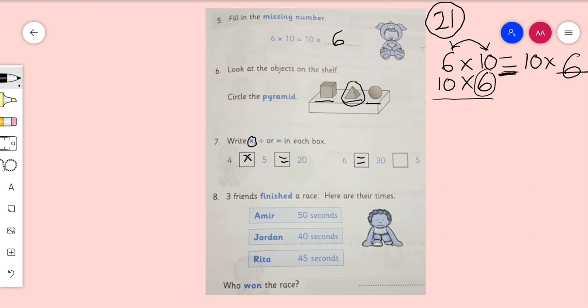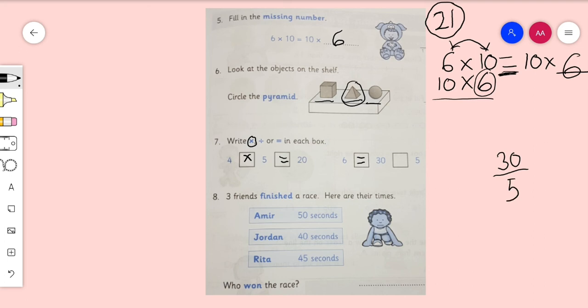Let's try 30 times 5. Because we're timing, it makes a bigger number, and 6 is a smaller number. So it can't be times, and it's divide. We can try doing 30 divided by 5. We write 30 here, do a line, and then write 5.